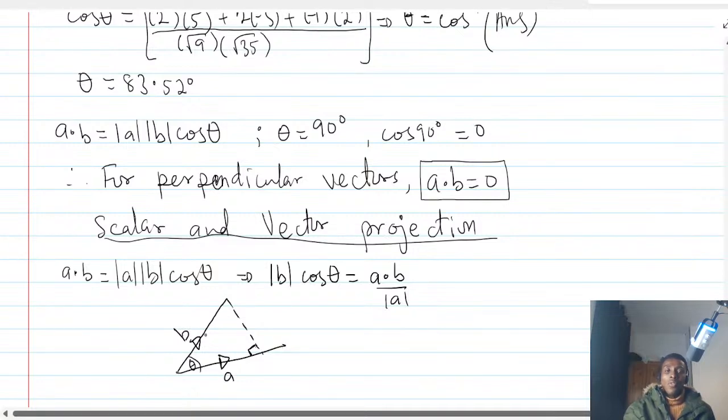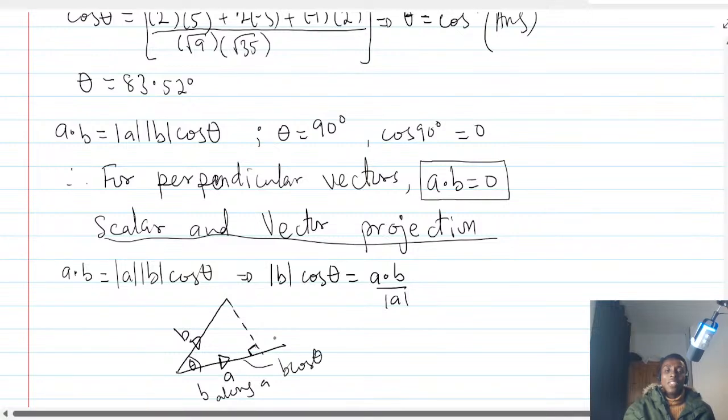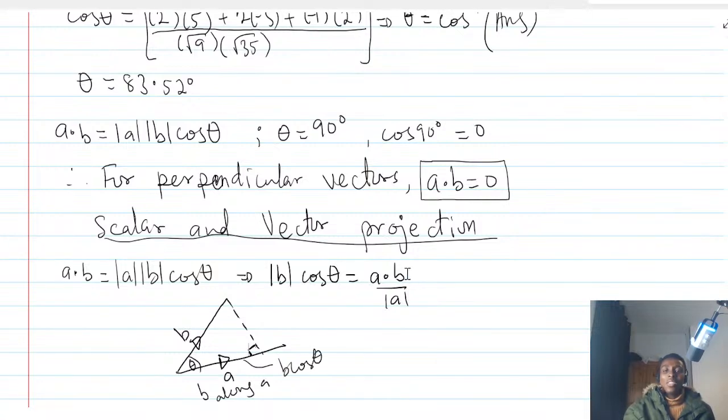If you want to find the component of B along A, it is given by |B| cos theta. But what is |B| cos theta? It is A dot B divided by |A|.